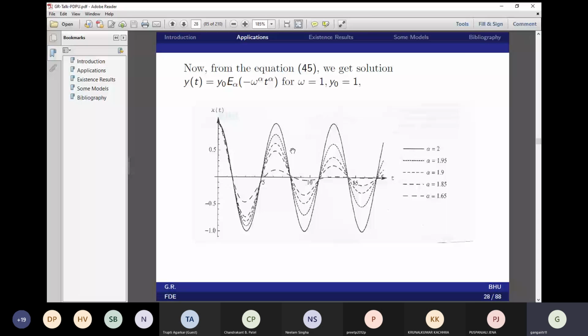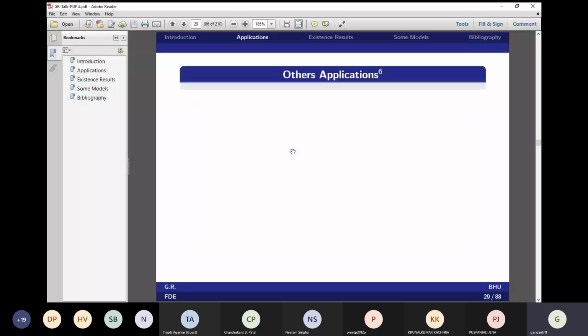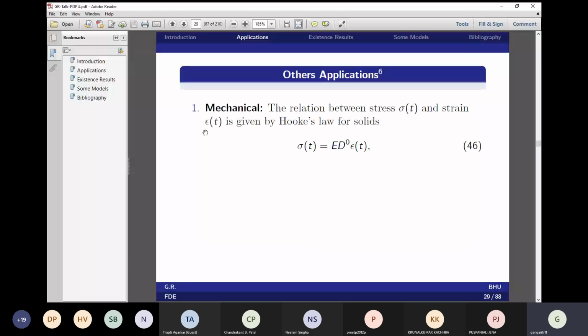Other applications of fractional calculus in mechanics: as Professor Y Chen discussed, fractional calculus can be used in mechanics when we calculate the viscoelasticity of intermediate materials, meaning between solid and liquid.